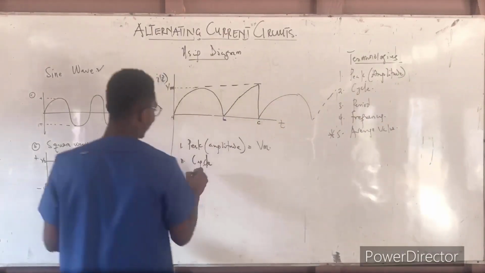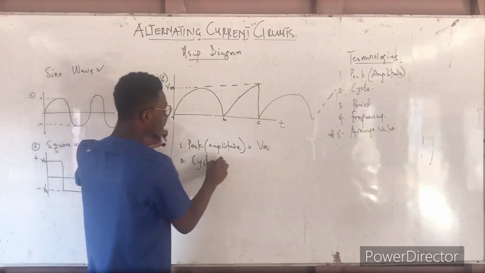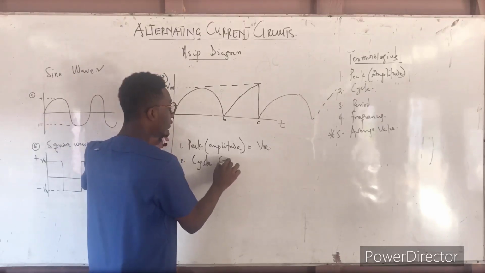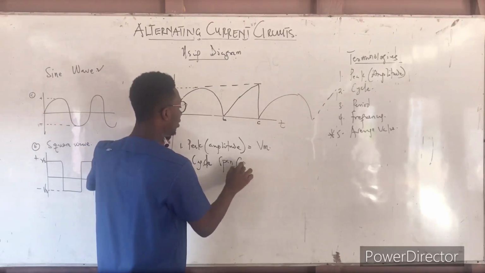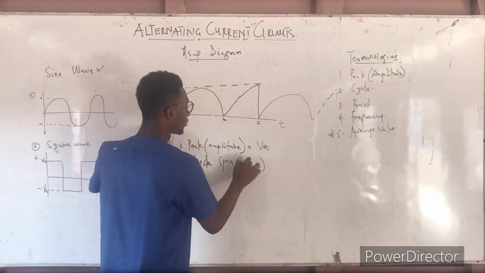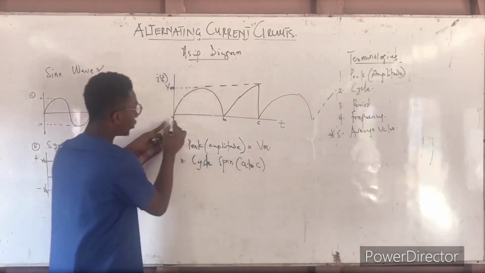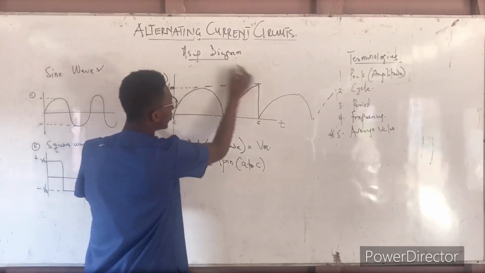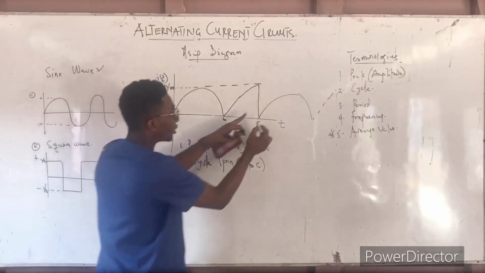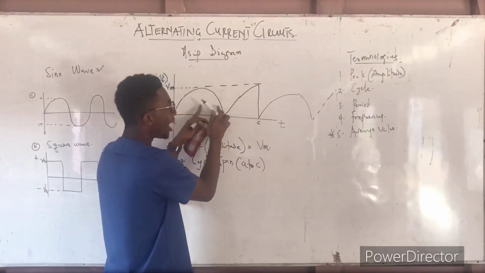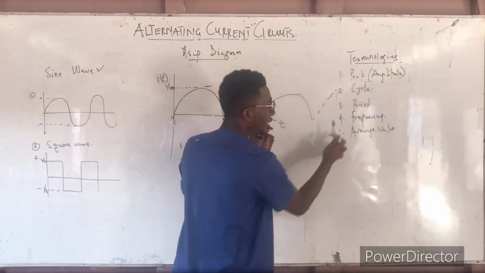So the cycle span for this waveform will start from A to C, because we realize that the same sinusoidal and triangular will still repeat itself in the other form.